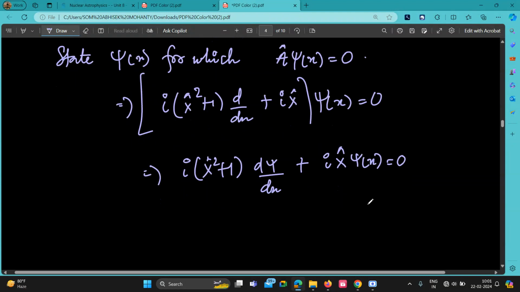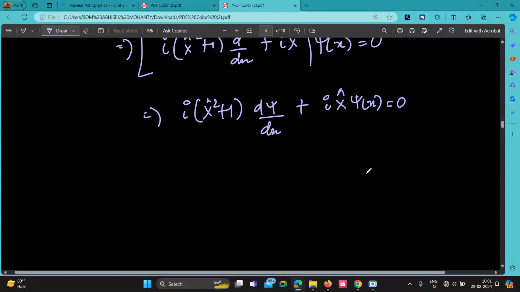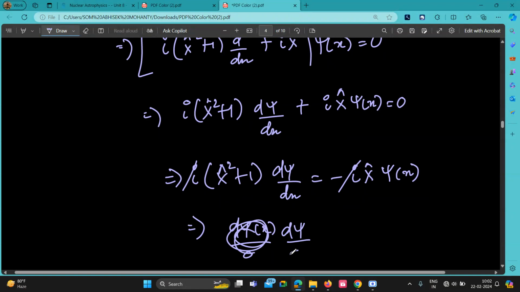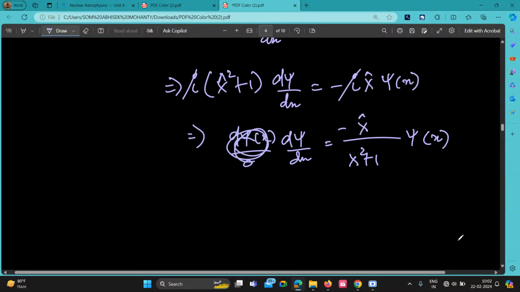So I will arrange it a bit. (x square plus 1) d psi by dx is equal to minus i x psi x. Okay. So i cancelled out. So I can write it as d psi by dx is equal to, this will come to this side, minus x by (x square plus 1) psi x. Okay. Isn't it? Is it alright?